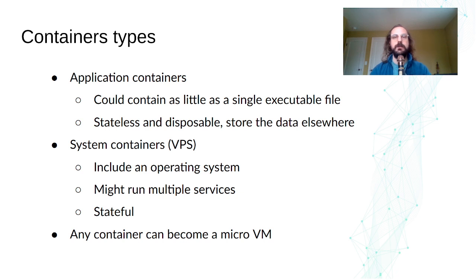So if they happen to crash, we expect that they're disposable. So when the container's done, it gets disposed and any changes that were made inside the root file system in the container are lost. In this case, we expect that any data we have is stored elsewhere in a database or in a volume or disk that's attached to that container.